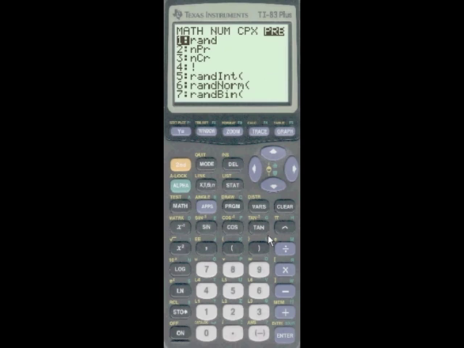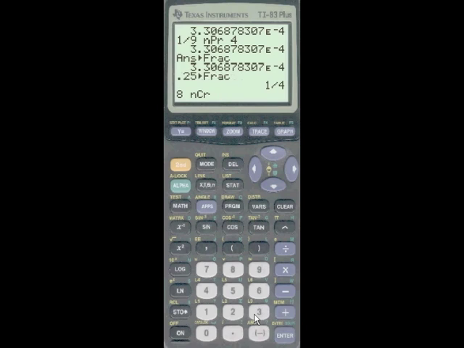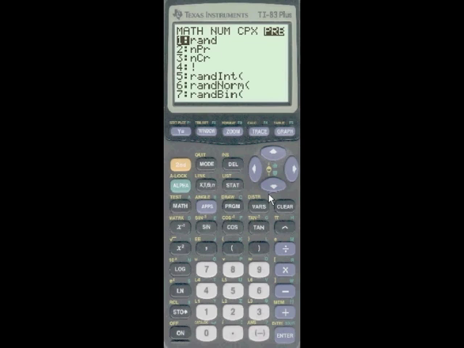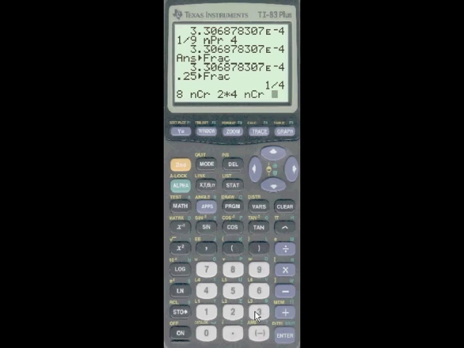The next problem is associated with choosing socks from a drawer. You have 8 blue socks, so there are 8C2, or 8 choose 2, number of ways you can get 2 socks from the blue socks. Multiply that by the total number of pairs of brown socks, so it's 4C2 because there are only 4 brown socks. And then I'm going to take that entire value, enter, and get a value for my numerator in my probability.